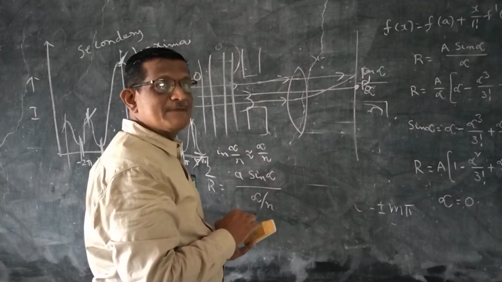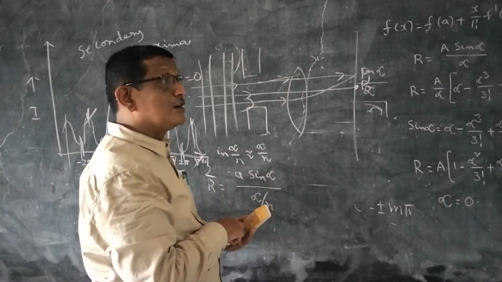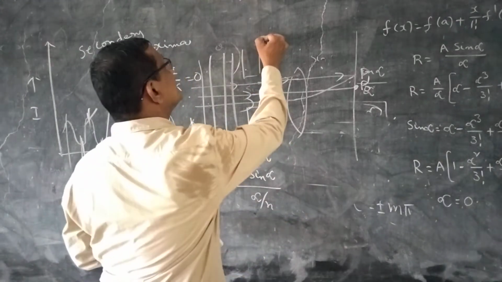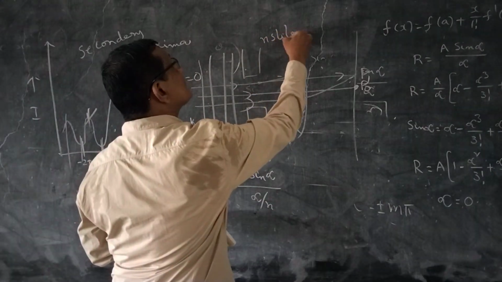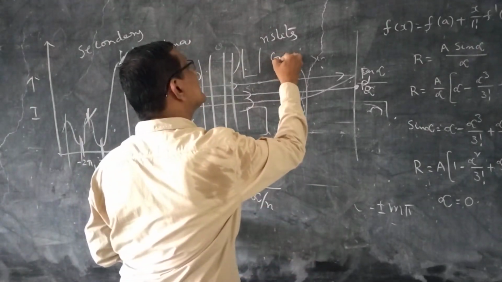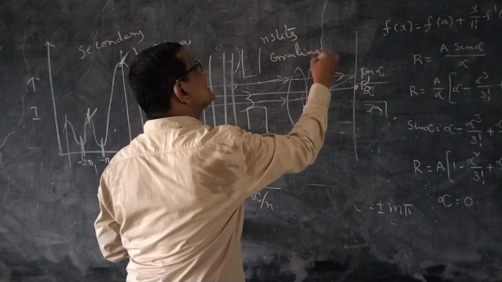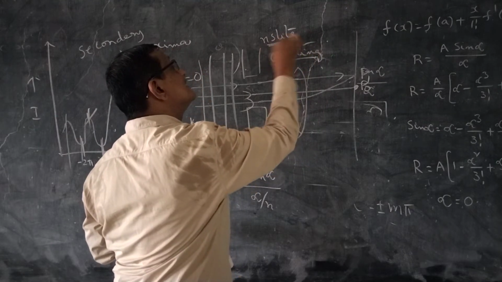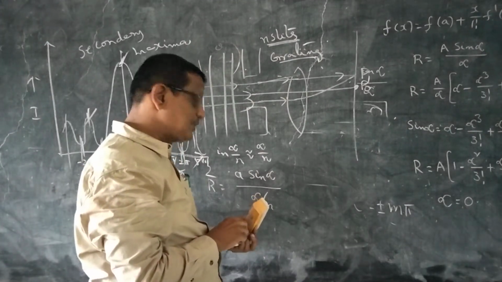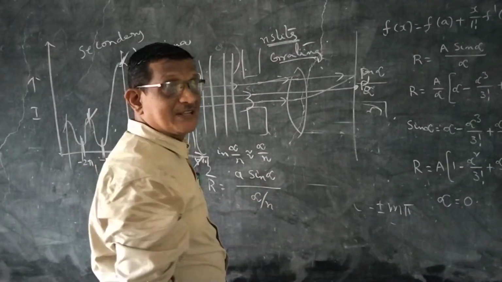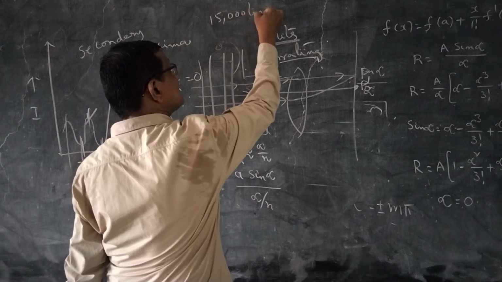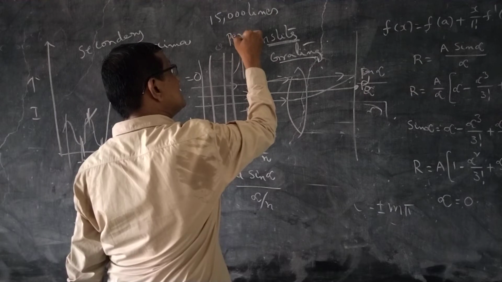The same thing can be explained in the case of a double slit, that means 2 slits. If there are n slits and the slits are very close to one another, that is termed as a grating. A grating is nothing but a combination of n slits. In the practical grating used in our laboratory, you can observe it is written as 15,000 lines per inch.